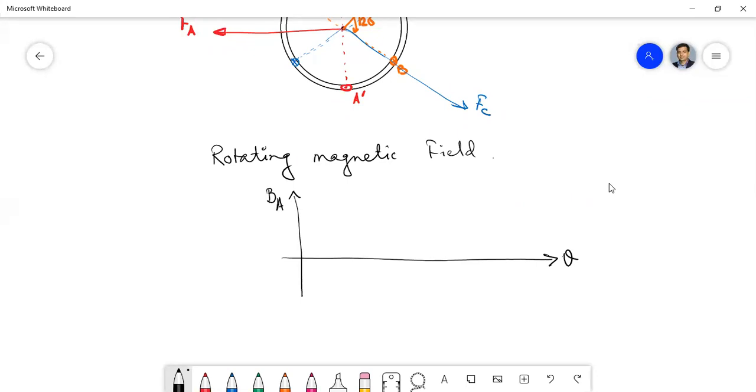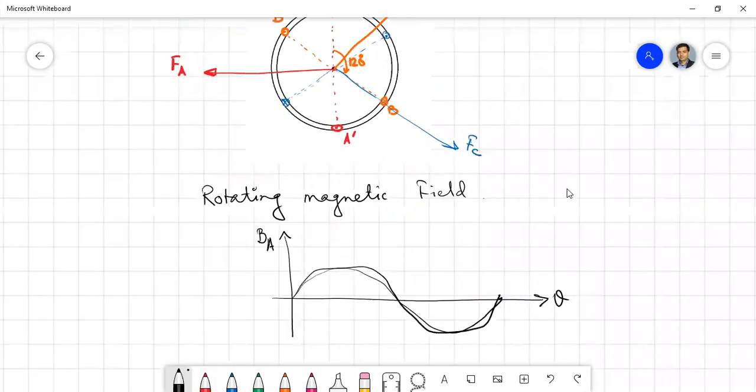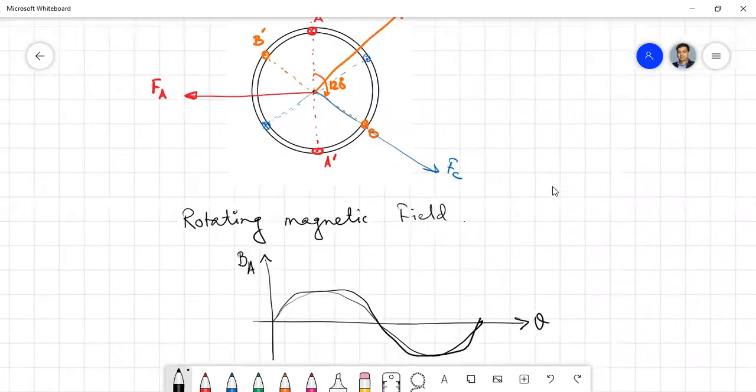Again, that will be like in the case of the DC machine, where you have this flat top. If you take the sinusoidal part of it, it will be like this. But remember the difference between the DC machine and this particular machine.